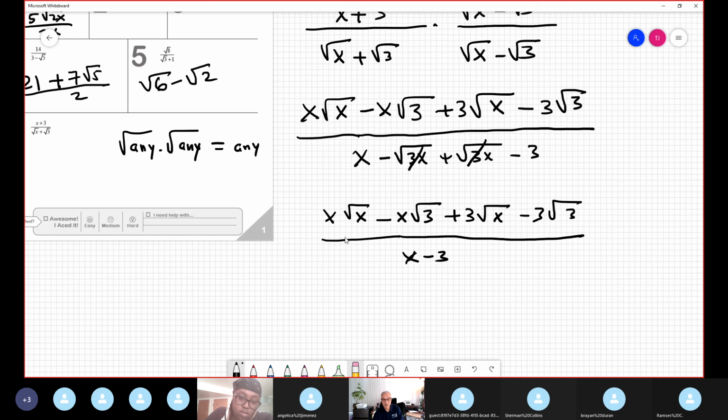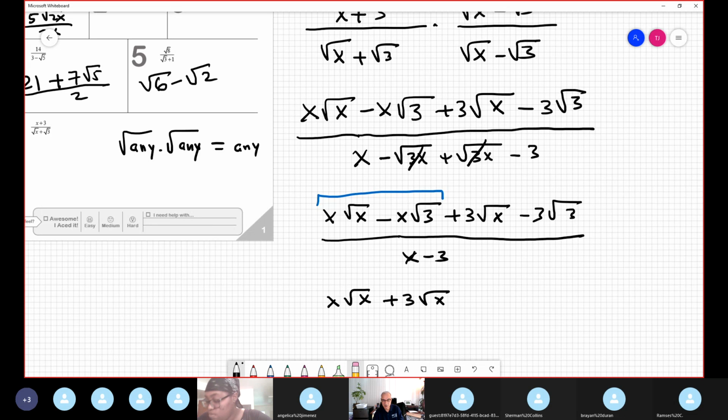Can we do something more? Maybe we can apply factorization by grouping. Look. This and this together, is there a common factor? Yes, x. No, much better doing another arrangement. You copy x radical x plus 3 radical x.